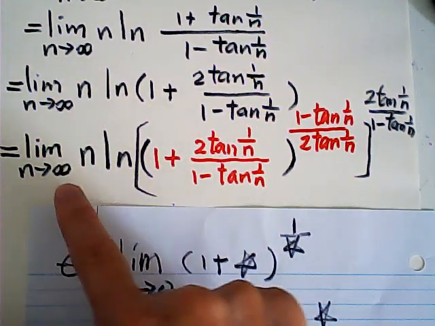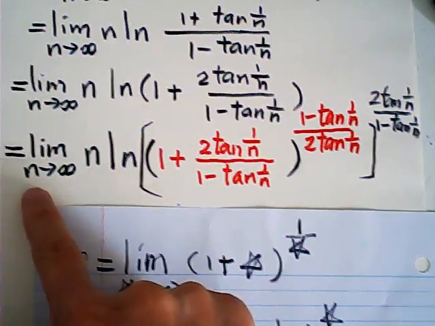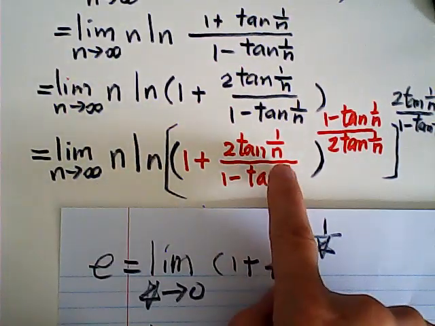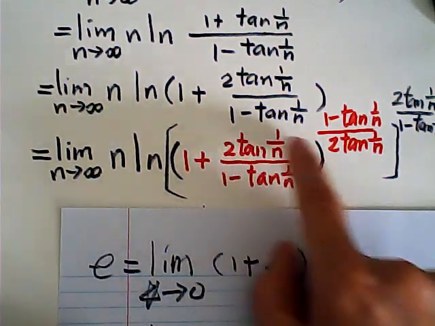And then as n goes to infinity, this is going to 0.